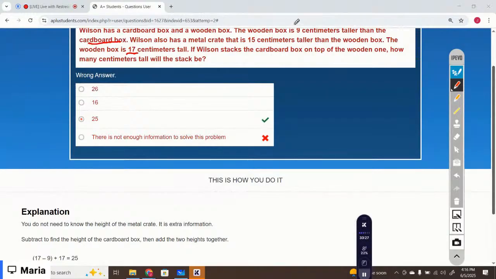It would be 17 minus 9, because the wooden box is 9 centimeters taller than the cardboard box. So 17 minus 9 is 8, and 8 plus 17 is 25. So the correct option is 25.